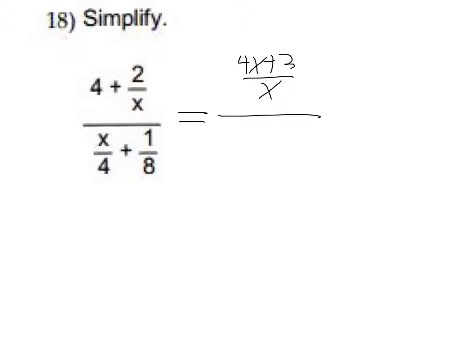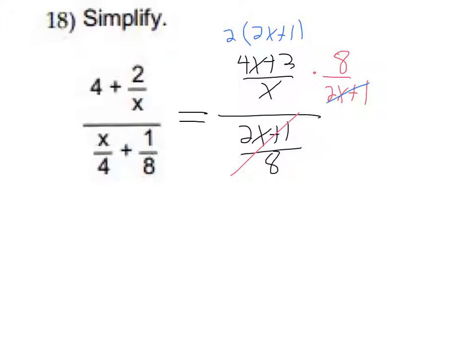And the bottom is a fraction. In this case, it would be 2x plus 1 over 8. Then, invert and multiply said fractions. And then, simplify. In this case, we can factor a 2 out here and reduce those and get on the top 2 and 8, 16, and on the bottom x.